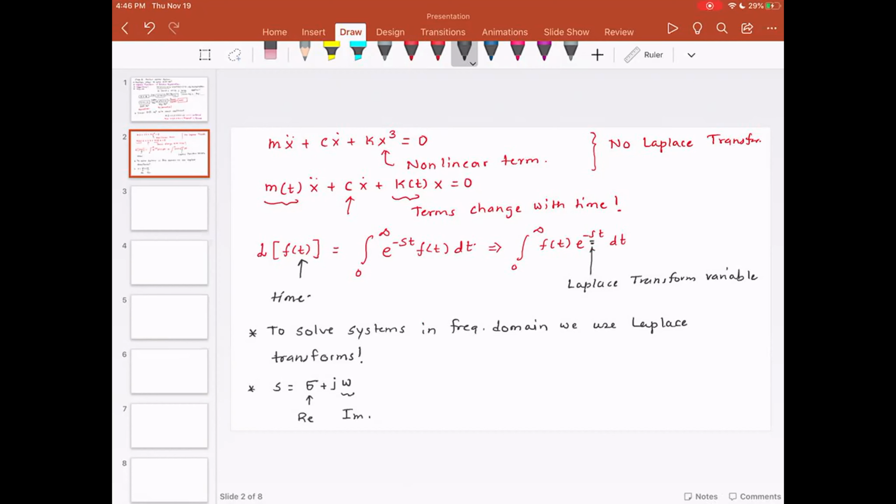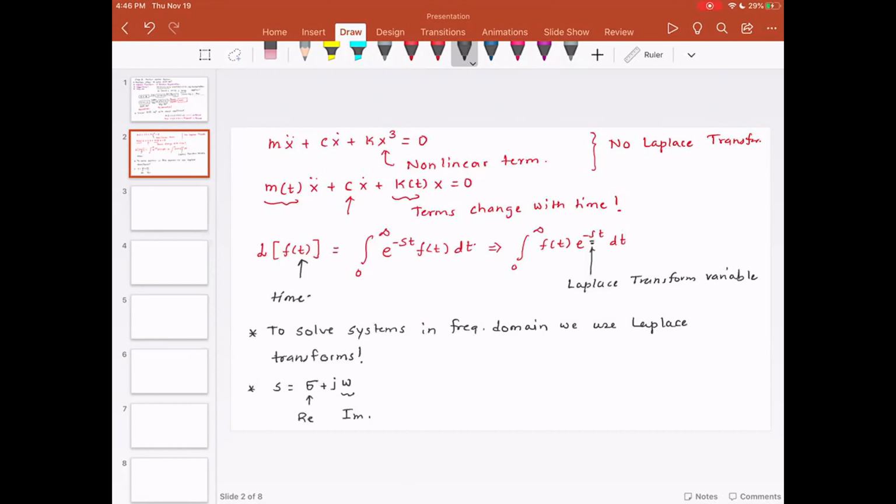Now, I'm going to take a few problems just to give you an idea of how to find Laplace transform. Typically, if the problem is simple, only then we use hand calculations to find Laplace transform. Otherwise, most of the time we are going to use MATLAB to solve Laplace transform problems.